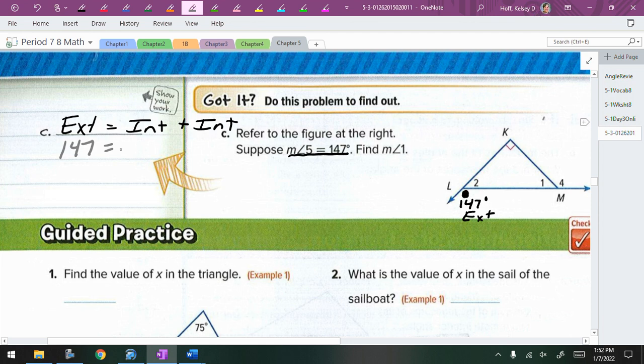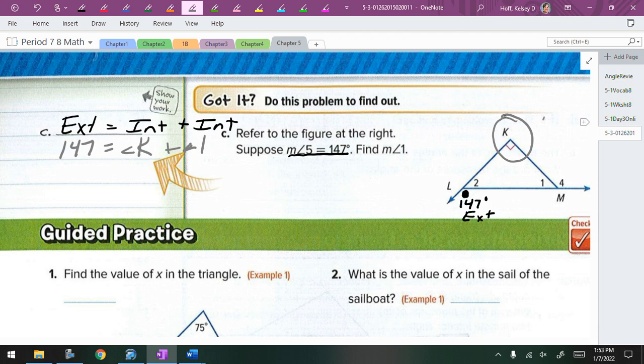Angle 2 and angle 1, she says. Thoughts? Say it again? I'm going to argue that. Angle K and angle 1? Okay, so angle K is 90 degrees, right? But is that correct? 147 equals angle K, or 90 degrees, plus angle 1?